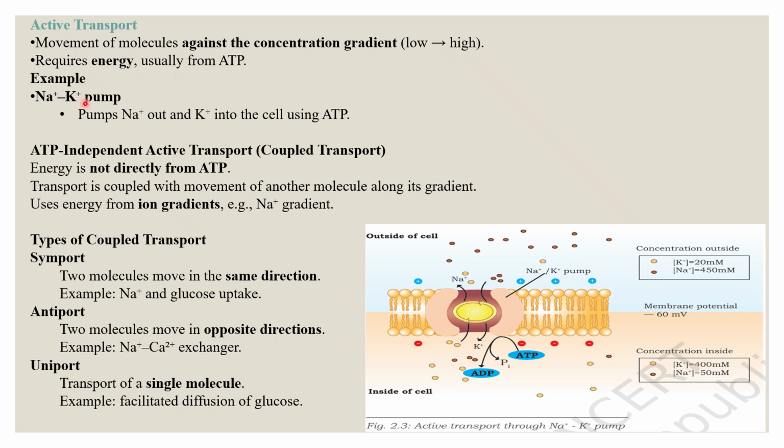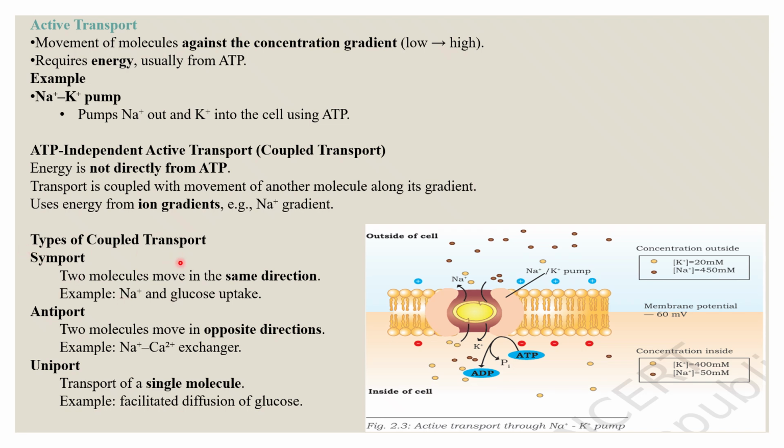An example of such a transport is the sodium potassium pump, in which sodium goes out of the cells and potassium comes inside the cell by the use of ATP. There is ATP independent active transport also. Here the ATP is not required, but the transport is coupled with movement of another molecule along its gradient.